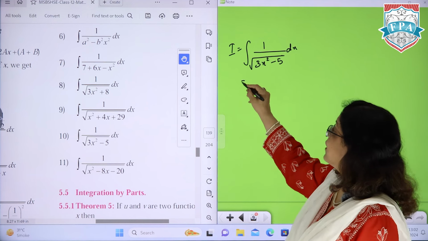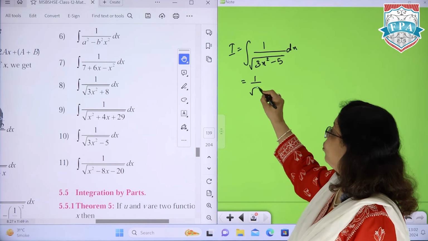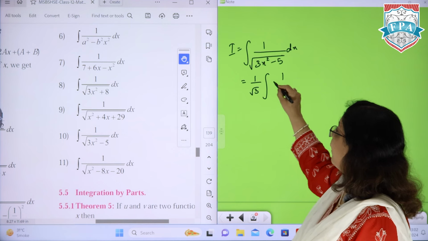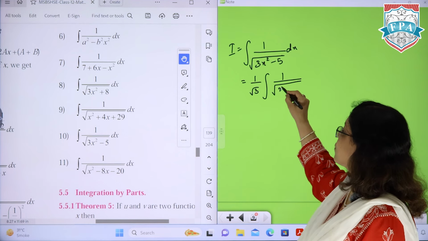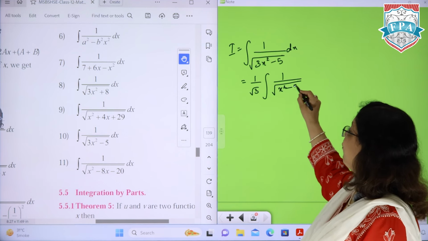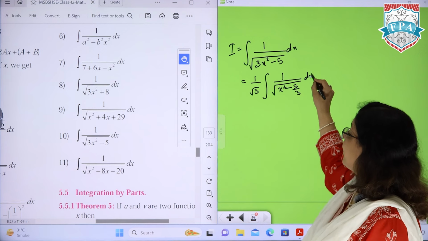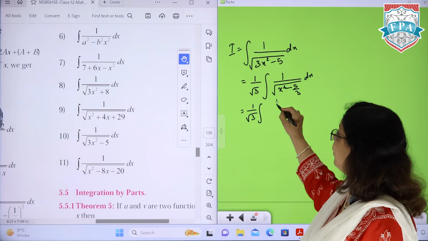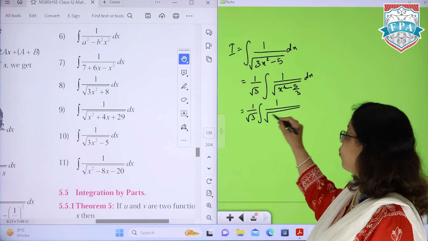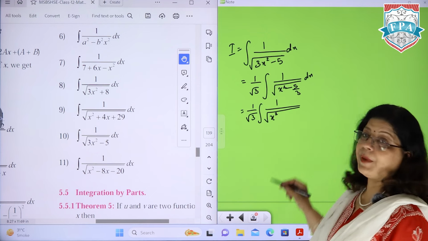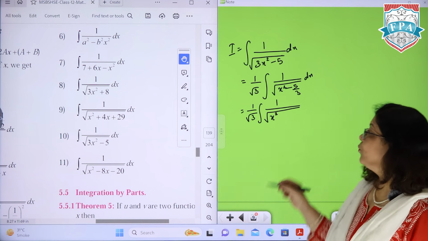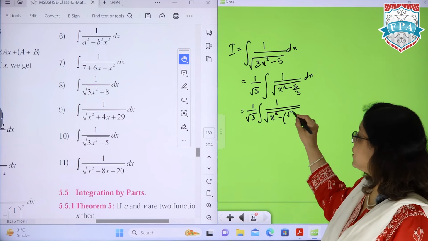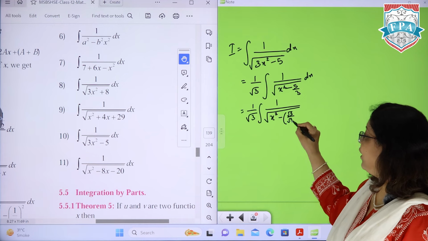So here first I'm going to take this 1/√3 out of this. What I'm left with is under root x square minus 5/3 dx. Now we have to write it into the given format, which is root x square minus a square. So again 5/3 is not a perfect square, so to convert it, we simply write it as root 5/√3 whole square.